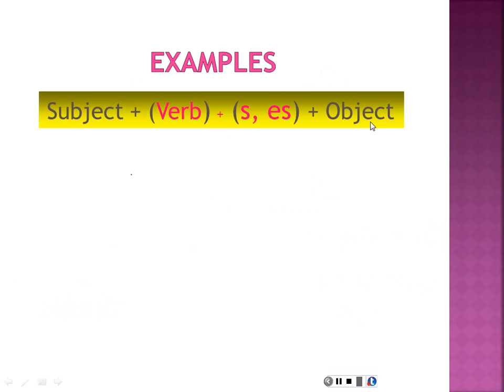Now we will have examples about the facts. If you remember the facts before 2 slides. So now we'll have an example. And as you can see here, we add to the verb s or es. S or es. We add to the verb according to the same rules that we talked about of adding the s. So we have the subject, the verb, s or es, plus the object or the complement. So the sun rises in the east.